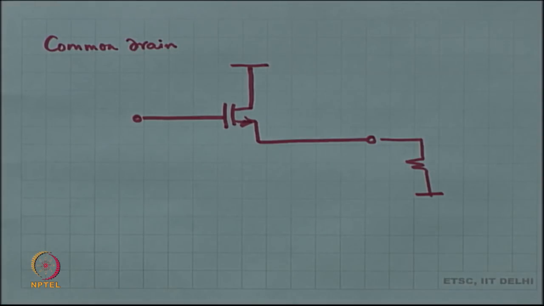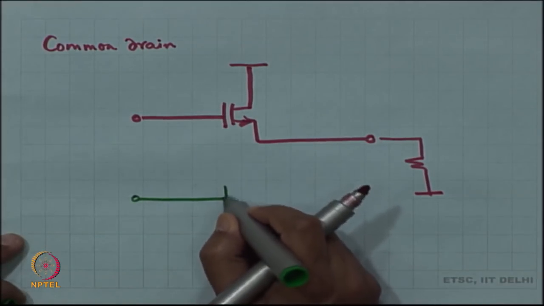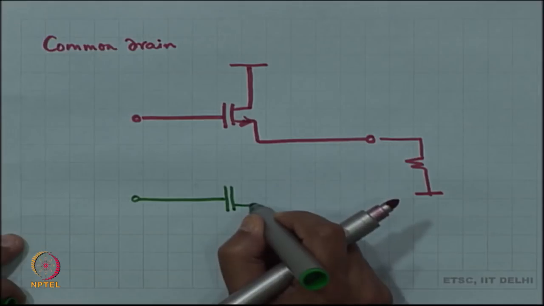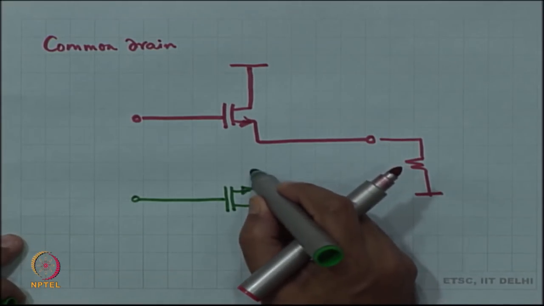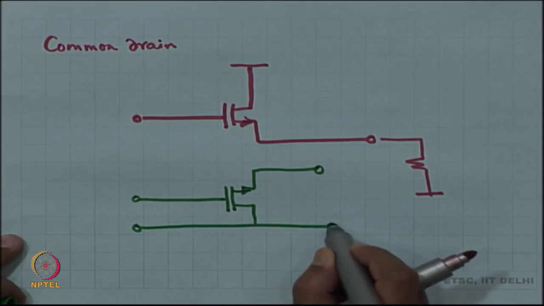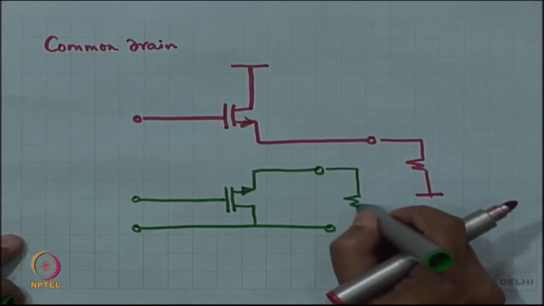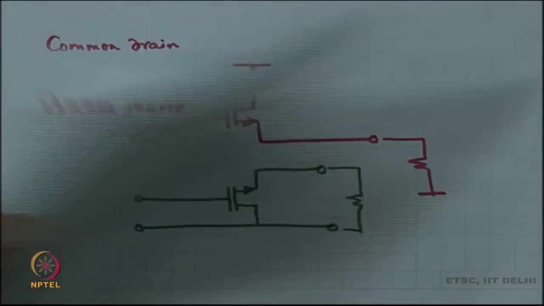Of course, you can flip it and draw it, but I like drawing like this. I mean, if you flip it and draw it, it will look like this. The same thing. That is how it will look like. It will look exactly like before, but with source and drain interchanged.